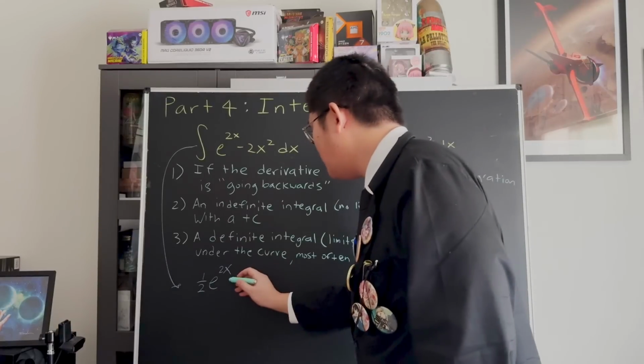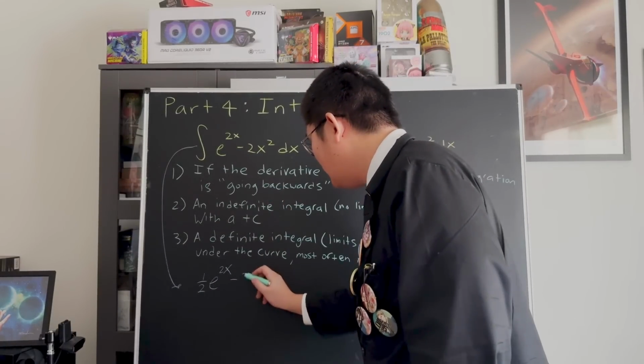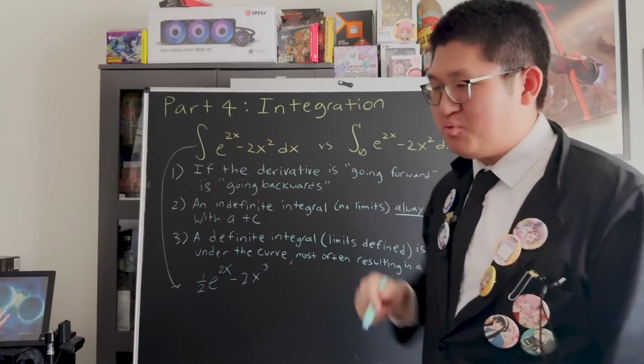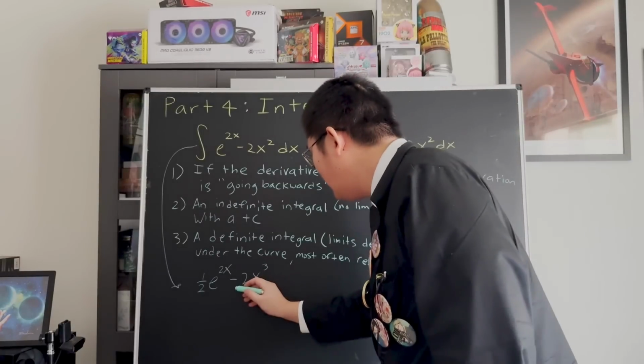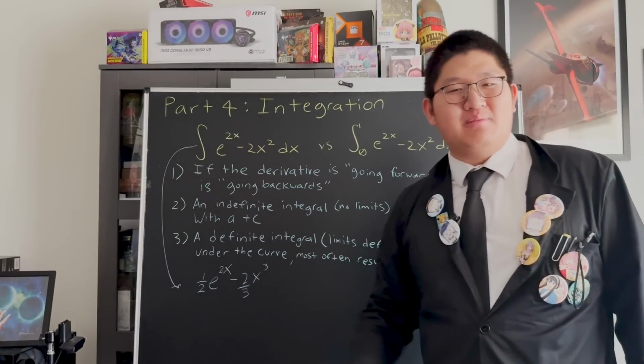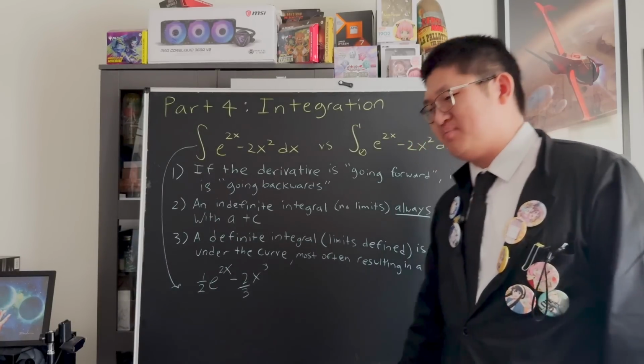Then with the minus 2 times x to the second power, that's going to be 2 times x to the third power, making sure with the exponent rule we add 1 instead of subtract 1, and keep a 3 in the denominator to match that 3 coming down as a coefficient if we were to take the derivative of that expression.